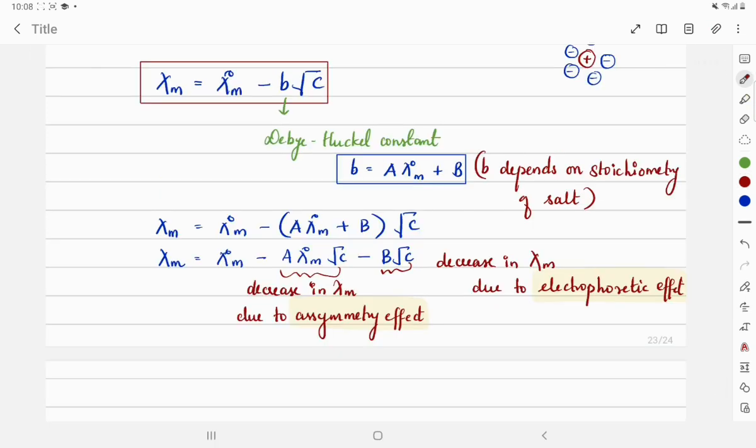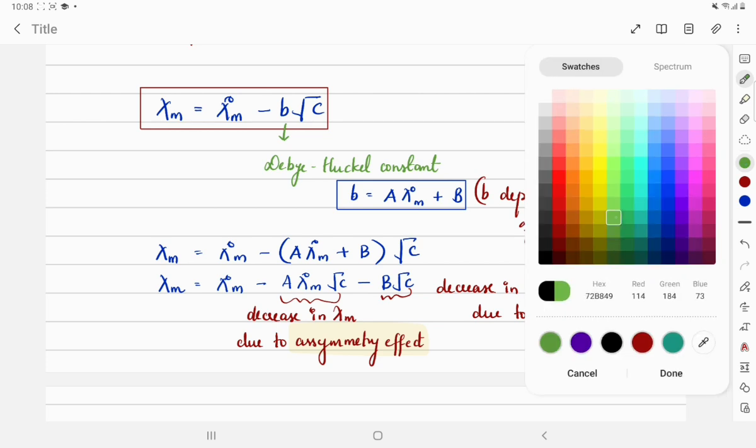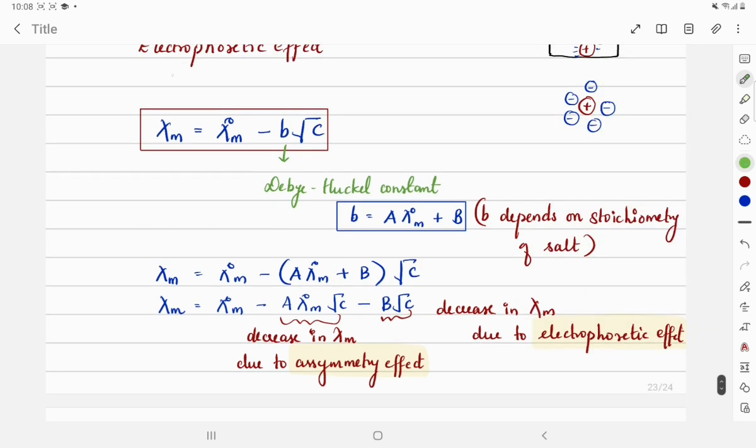Now if you look at this equation, the above one, you'll understand that there is a linear relationship between lambda m and root C. So this can be considered as y is equal to C, minus m into x.